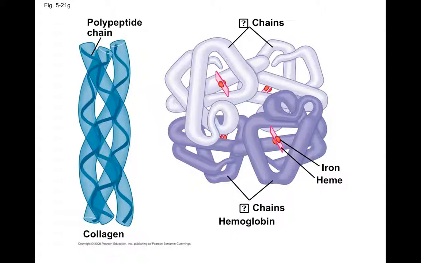Those are three different polypeptide chains, and those all interact. So the interactions between those three chains is the quaternary structure. And here's a hemoglobin that has two chains together, and the interaction between the light purple and the dark purple, that's the quaternary structure.